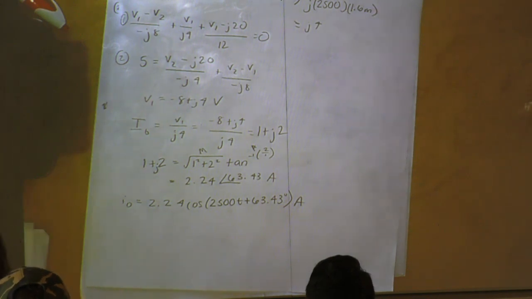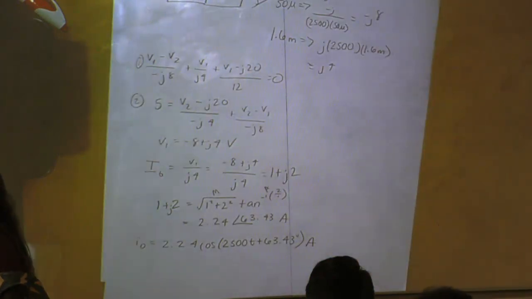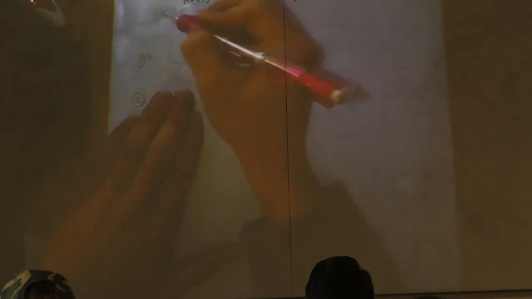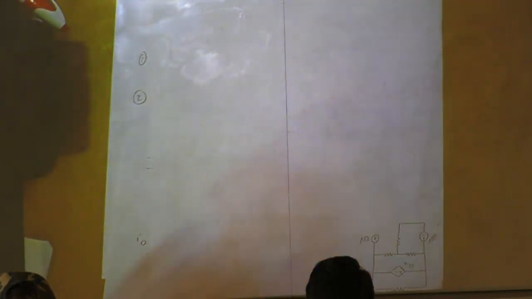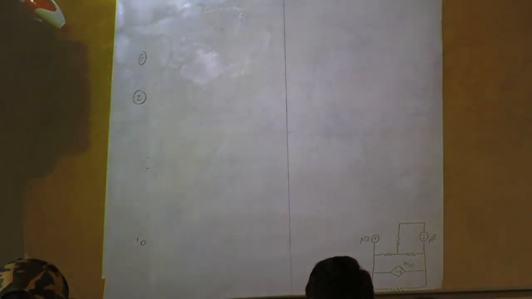Okay, so our last question. I have to use this paper. So we're asked to find R_O. Our R_O is the magnitude of our Z_TH.